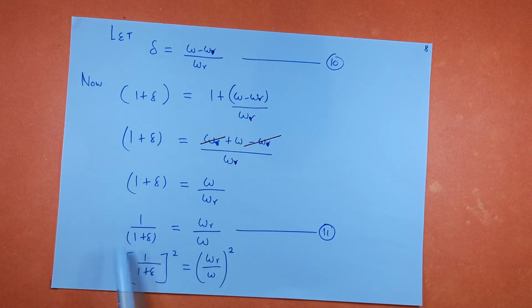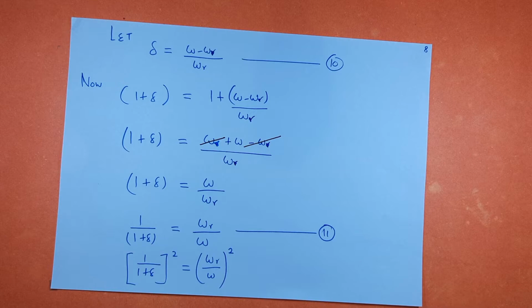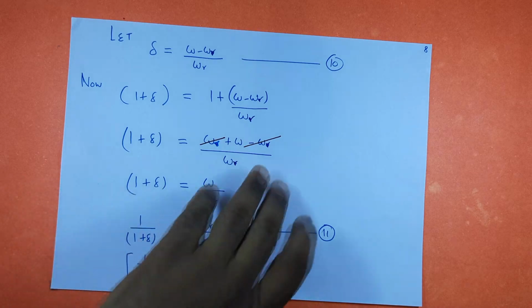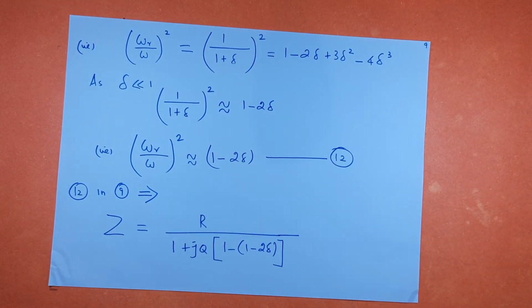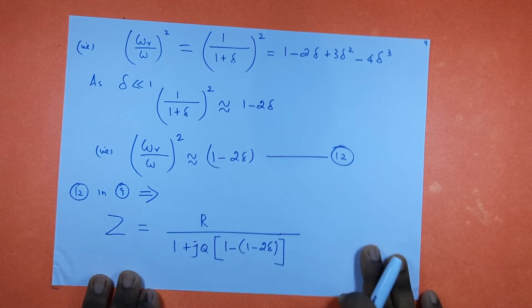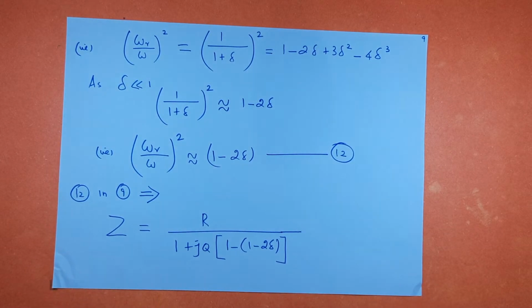Now you square both sides of equation number 11. So what we get? 1 divided by 1 plus delta square equal to omega R by omega whole square. So omega R by omega the whole square equal to 1 by 1 plus delta the whole square.